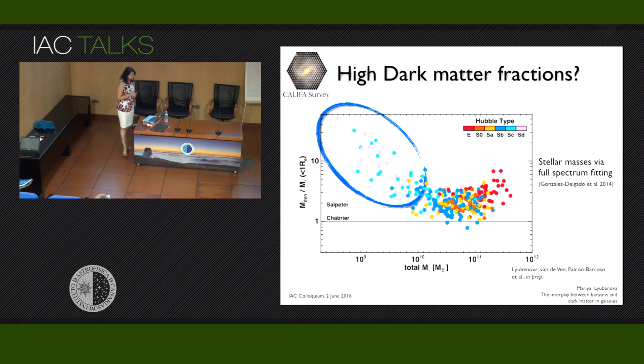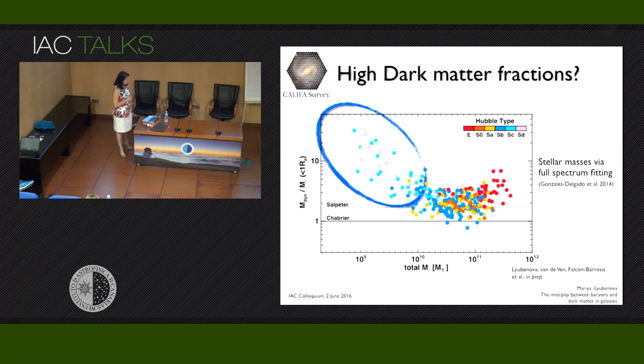However, such claims are made and observed so far only in early type galaxies, in giant ellipticals, and for late type galaxies, for spirals, we have no evidence so far that the IMF is varying. Actually, it's quite the opposite. Wherever we look around, we see quite a constant IMF.